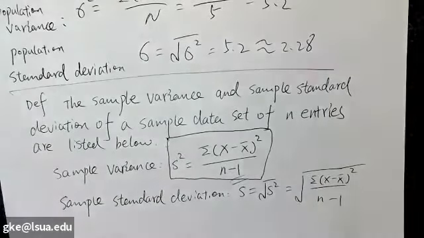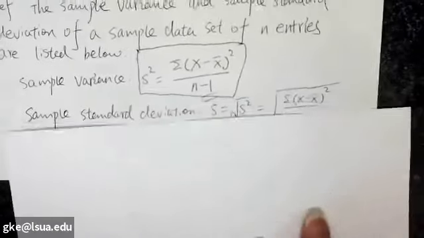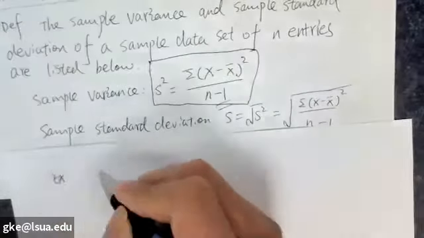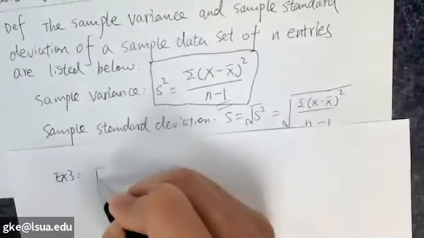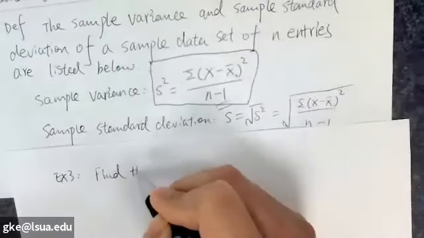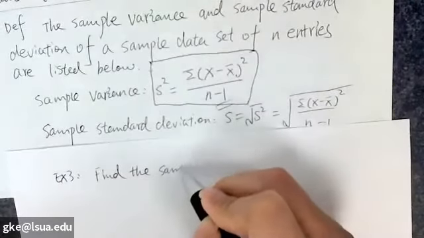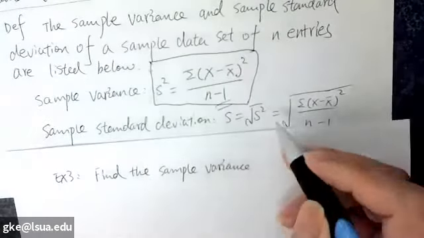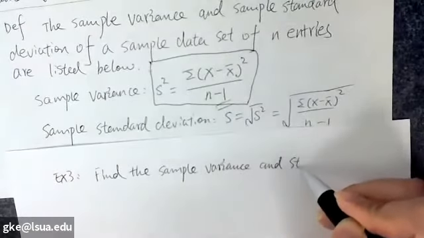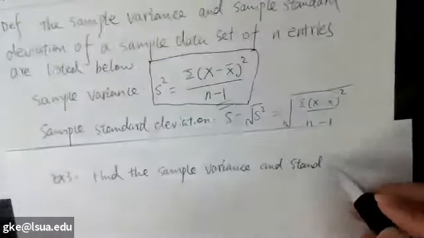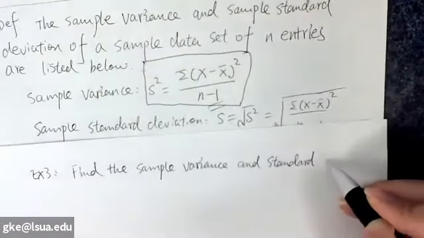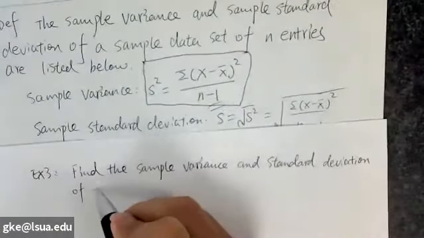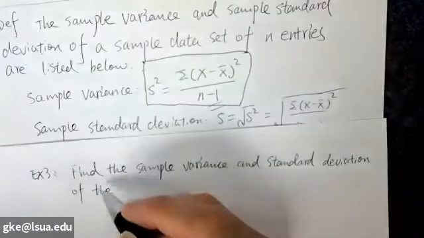I gave you guys this example. Let you guys try it. Follow these 4 steps. And this time you're going to try to find the sample variance and standard deviation of the recovery times.